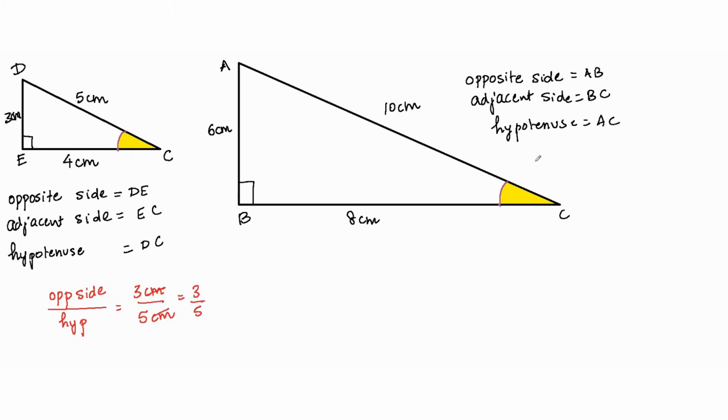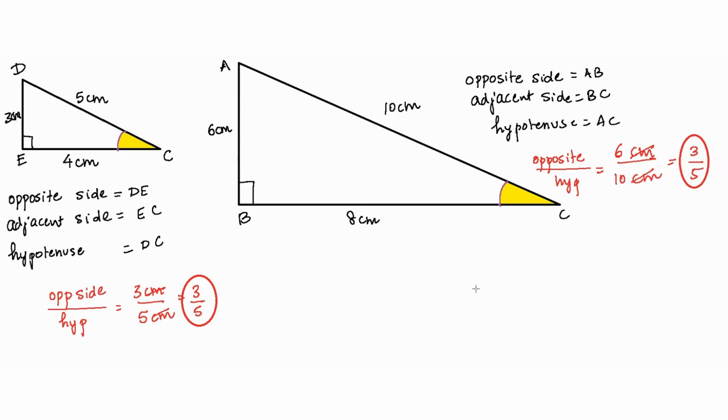In this case, the ratio of opposite side to the hypotenuse is going to be, with respect to angle C, the opposite side is 6 centimeters divided by the hypotenuse is 10 centimeters. Centimeter cancels, 6/10 becomes 3/5. You will notice that both the ratios are exactly equal to each other.